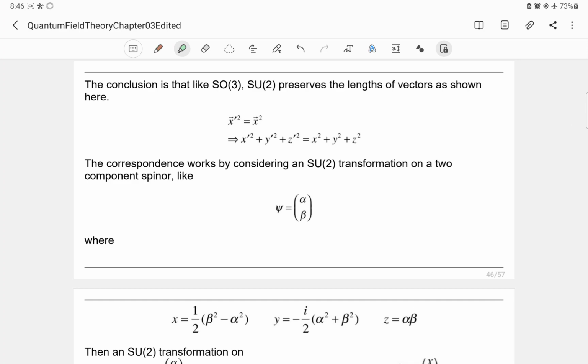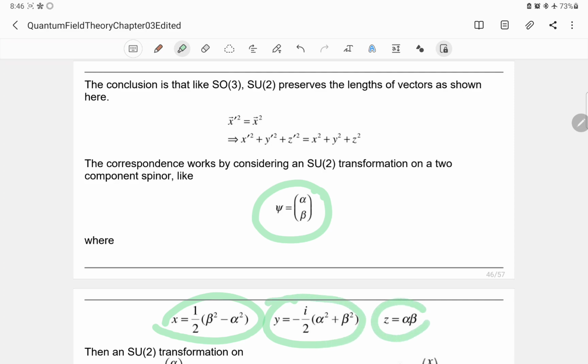The correspondence works by considering an SU2 transformation on a two-component spinor like this one, which you've learned about in quantum mechanics, where x is given by that expression, y is given by this expression, and of course z is given by this expression.